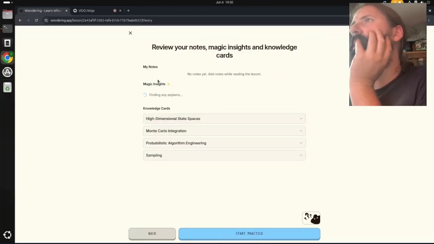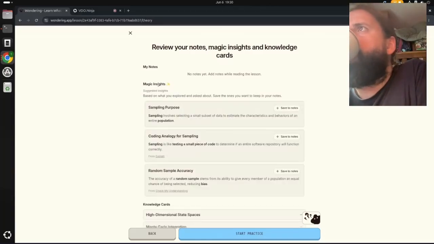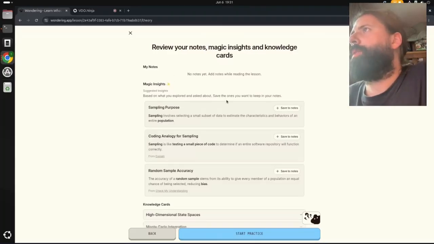Okay, so now I have magic insights. What is magic insights? Based on what you explored and asked about, save the ones that you want to keep in your notes. Sampling purpose, coding analogy. Okay, so I mean this is interesting.